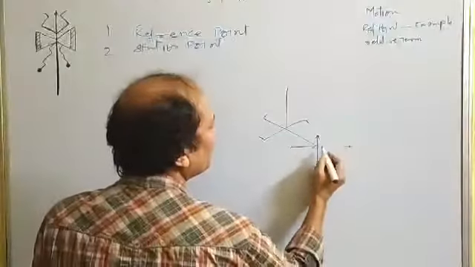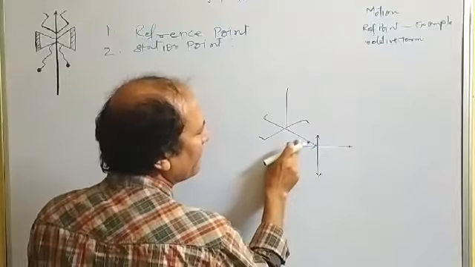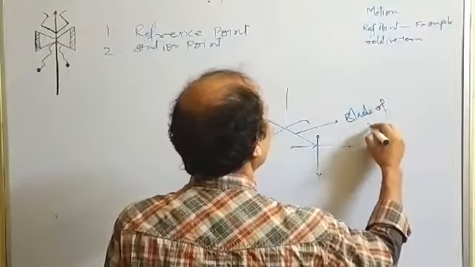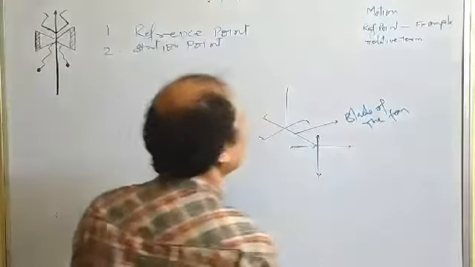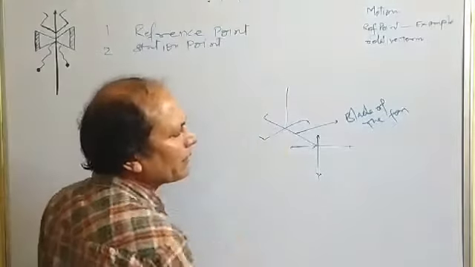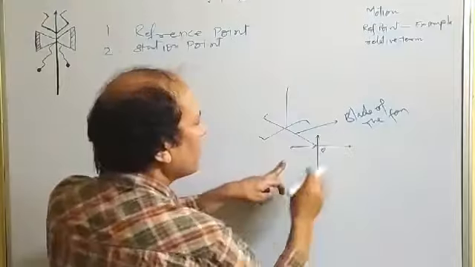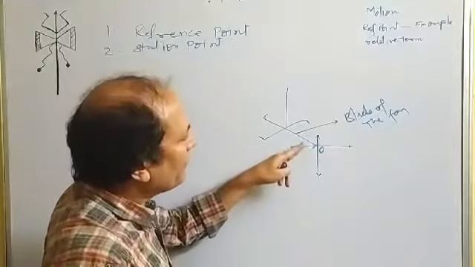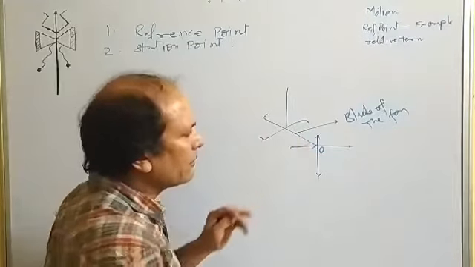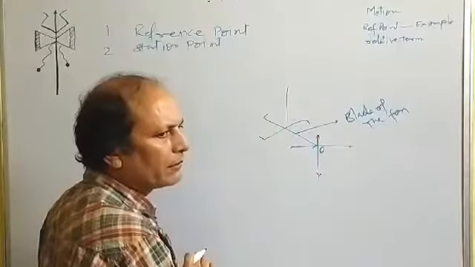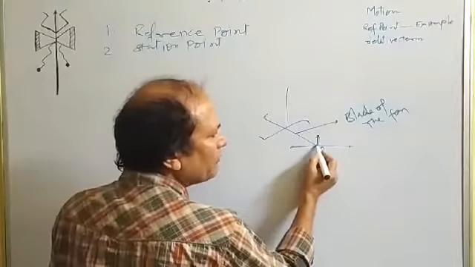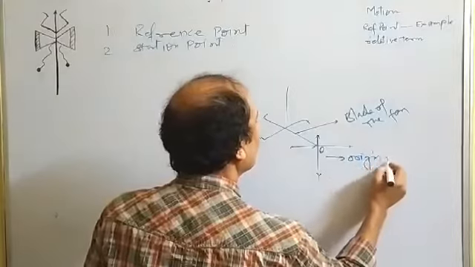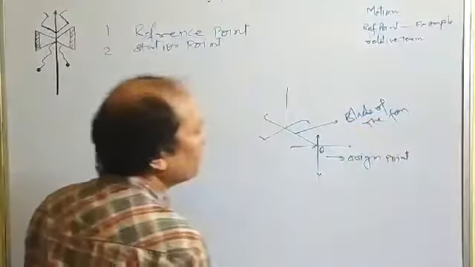When it is stable, suppose it is the blade of the fan. Now, in the stable condition, when the position of the blade is here and the fan is stable, that time this stability point, this fixed point, is called the origin point.